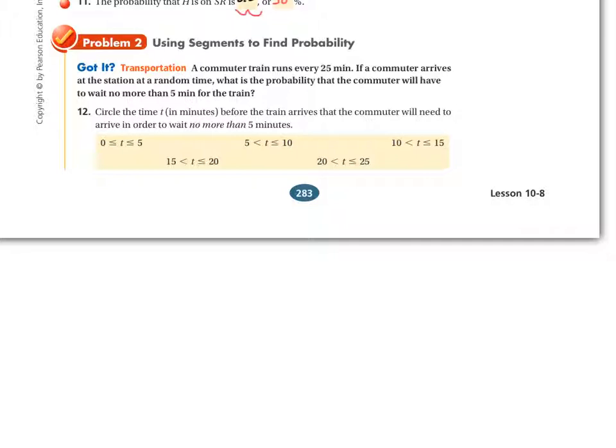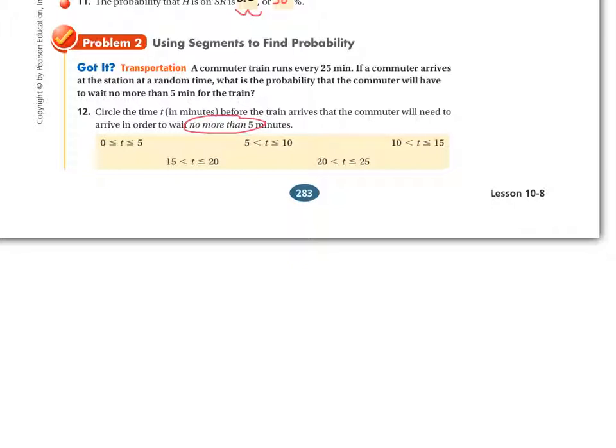So from the time that they arrive till the time that the commuter train leaves, what represents no more than 5 minutes? Does this represent a time from 0 to 5 of 5 minutes? 5 minutes, 5 minutes. If you look at the difference of all of those, they're all a difference of 5 minutes, right? Yeah.